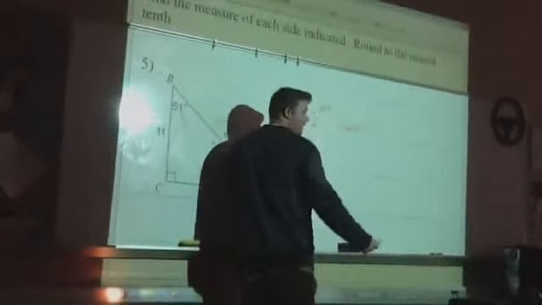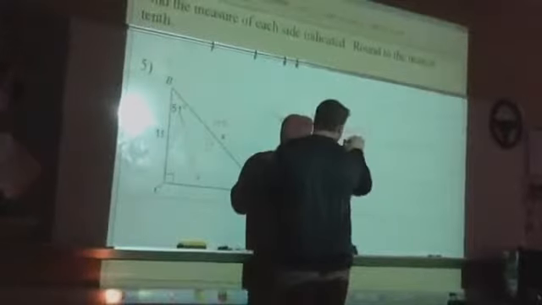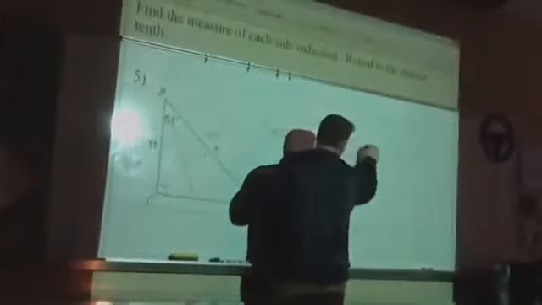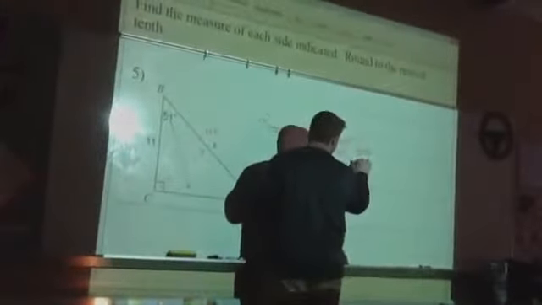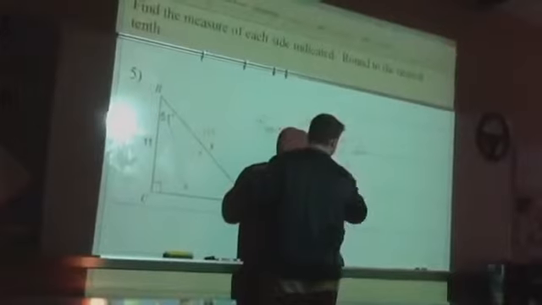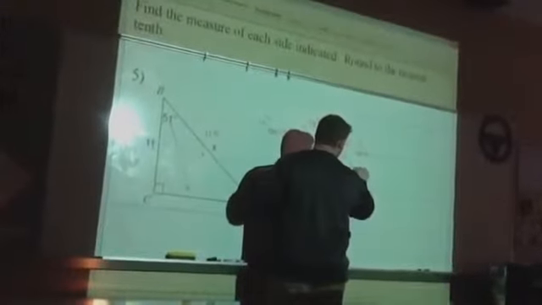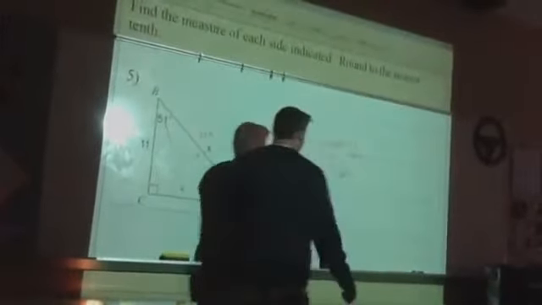Now, you got to get x by itself, so I divide by the cosine of 51. Which then cancels that side, and you're left with x equals 11 by the cosine of 51. Does that make sense?